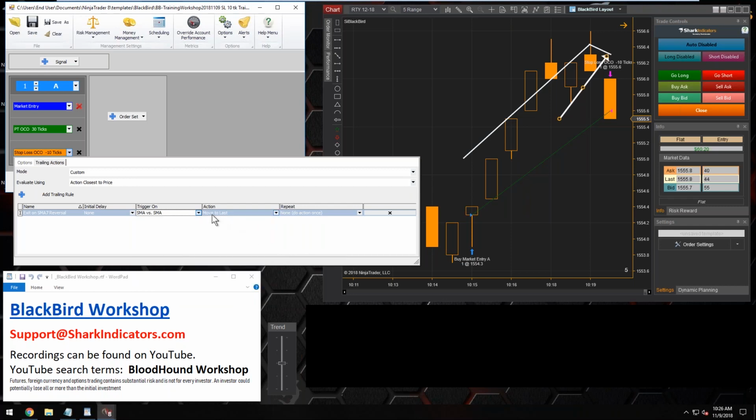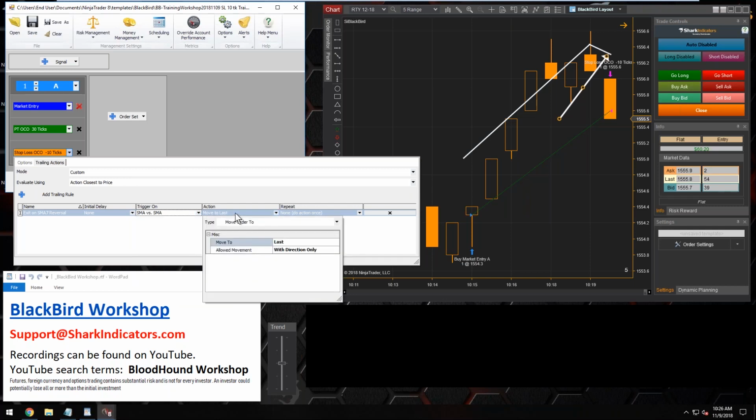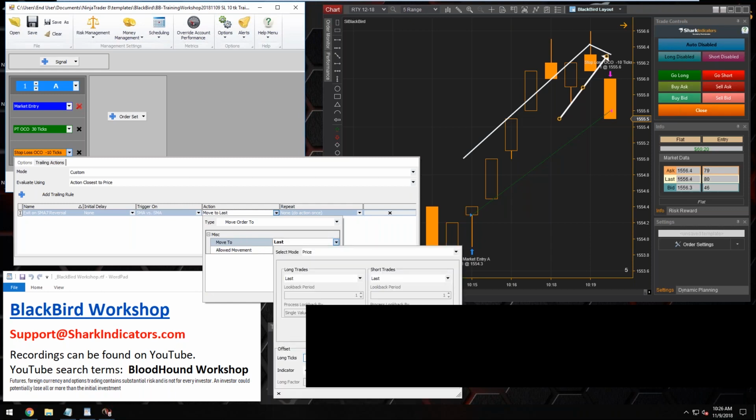And then to make sure that the trade gets closed out, we simply want to move our stop loss into the last price, that's where the market's trading. But just to be safe, we'll also add a couple of extra ticks there, just in case you're in a fast-moving market.